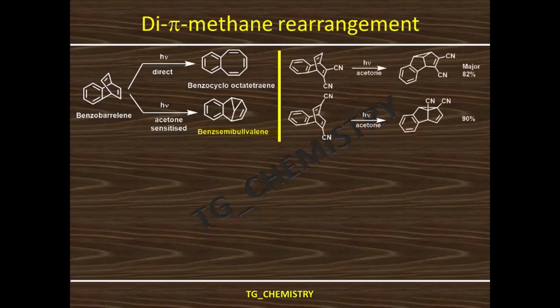And in the next example you can see the bicyclic system, of course, the dihydronaphthalene dicarbonitrile, and in presence of sensitizer acetone and photo irradiation, it will lead to the tetrahydrobenzocyclopropapentalene 1,2-dicarbonitrile as the major product in 82% yield. The second reaction is also a dihydronaphthalene dicarbonitrile.